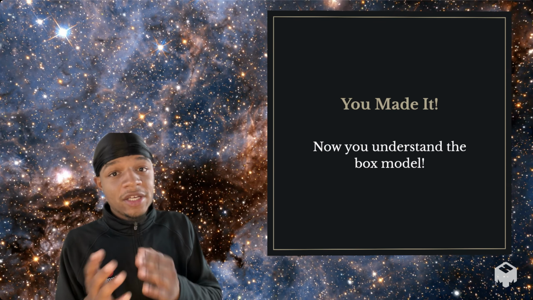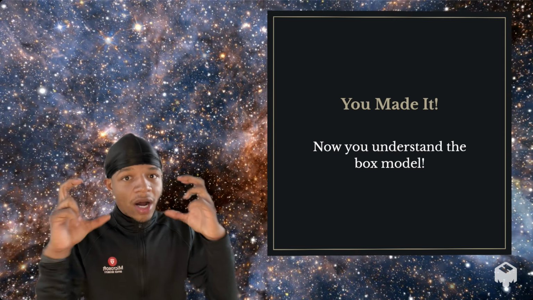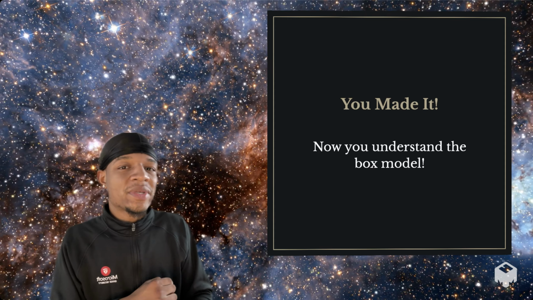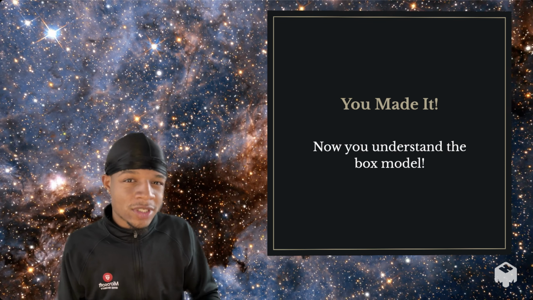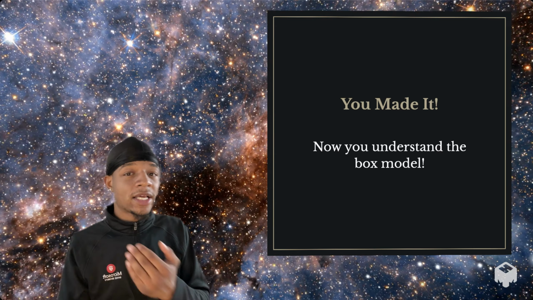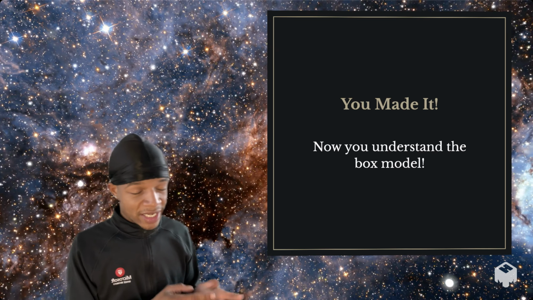Finish it out. You made it. You got the box model down. You're really understanding that at the core, each of these elements are just a box, and that we can style them up however we want to style them. We made an anchor tag look like a button tag. We made the button tag look like the H1 tag. We made the div look like the H1.